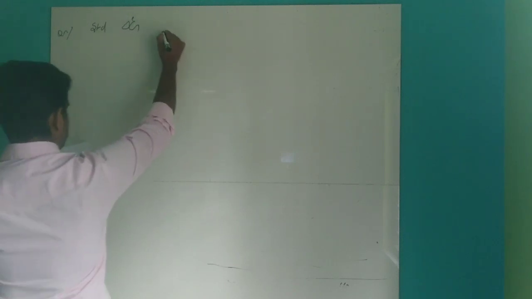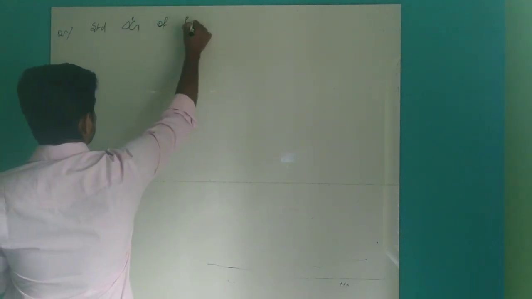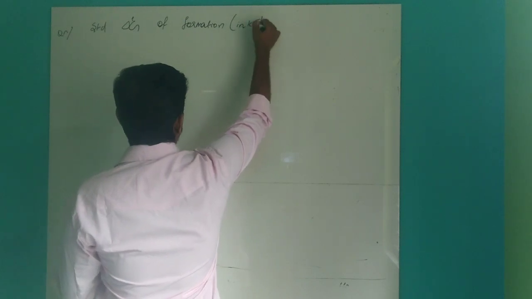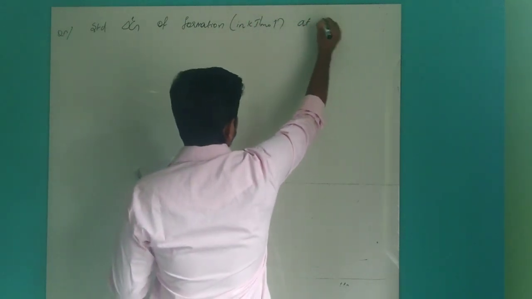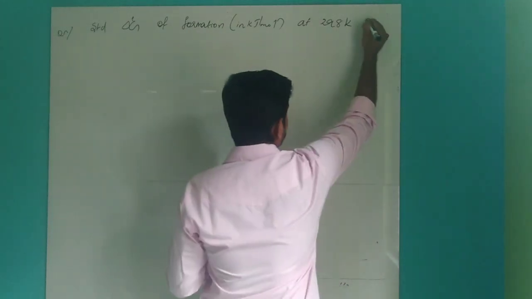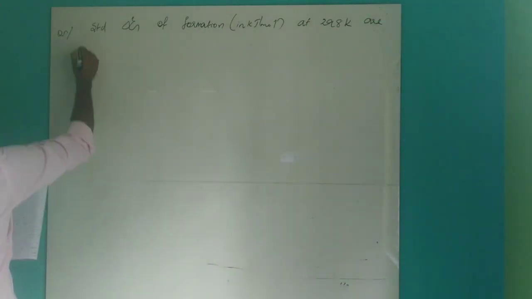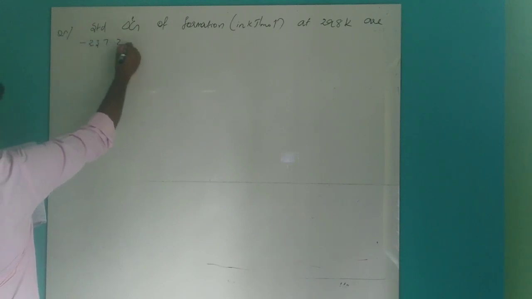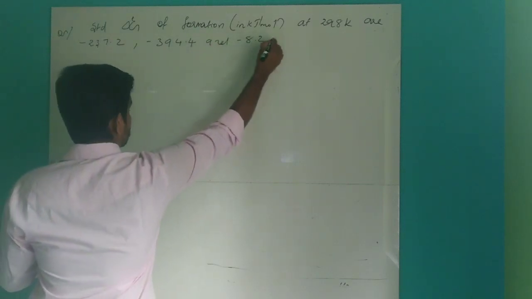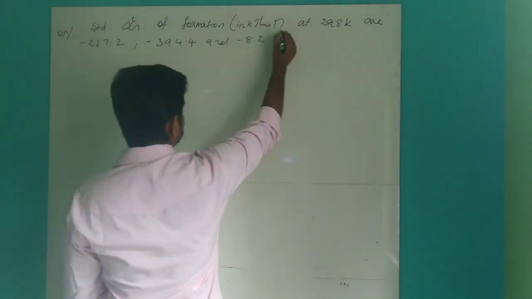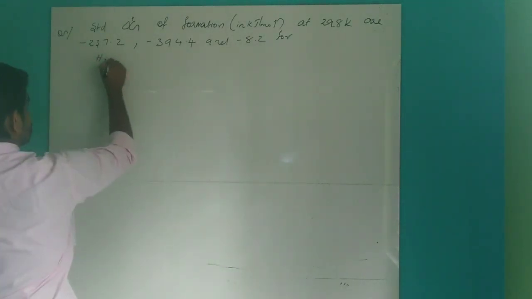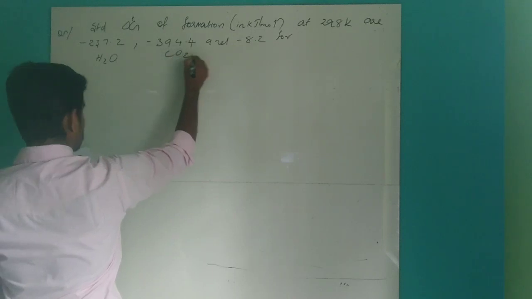So delta G0 of formation in kilojoule per mole at 298 Kelvin are minus 237.2, minus 394.4 and minus 8.2 for water, then carbon dioxide and pentane.